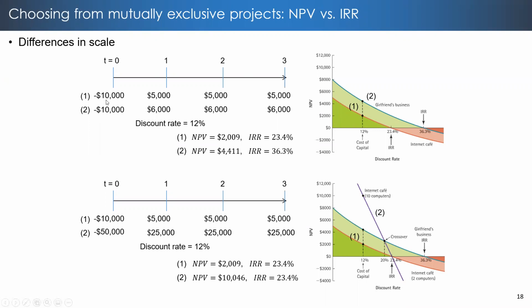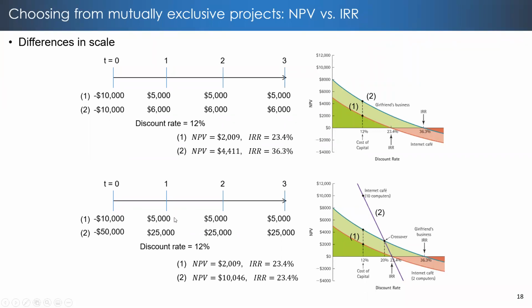Both projects take $10,000 for initial investment. One returns 5,000, and one returns 6,000. So in this case, net present value and IRR rule will give you the same conclusion: project B, the second project, is better than the first project. It has a higher net present value. It has a higher IRR. So no matter which rule you use, we should take the second project.